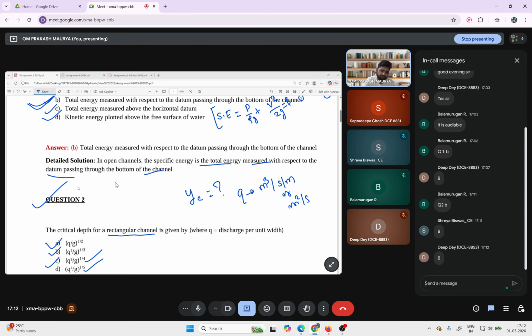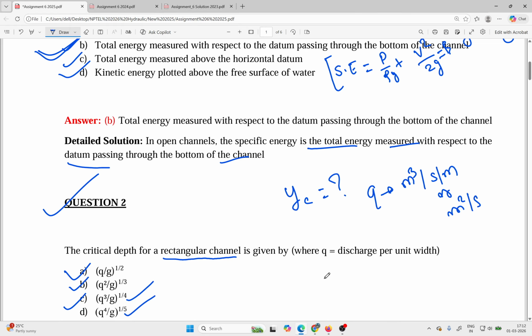Very nice. So you all know. Good to see. Okay, so the formula for your critical depth in case of a rectangular channel, remember please, is q square by g to the power 1 by 3.